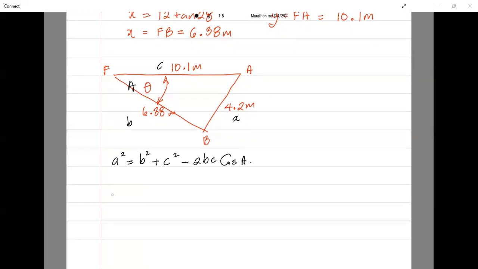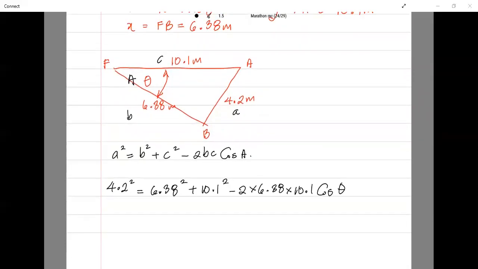So if we put in our values, we get 4.2 squared equal to 6.38 squared plus 10.1 squared minus 2 times 6.38 times 10.1 times the cosine of theta, which is the angle that we want to find.